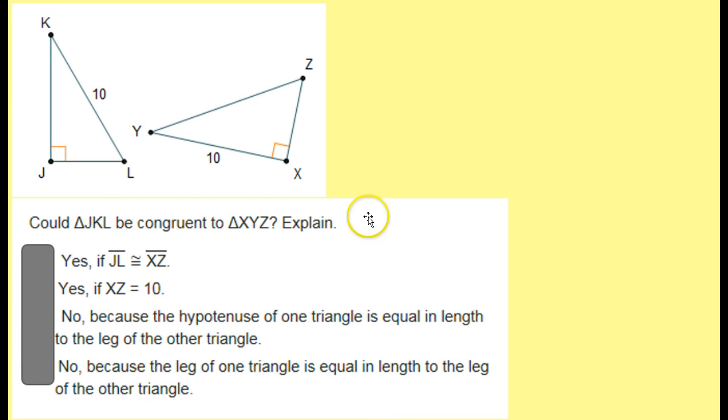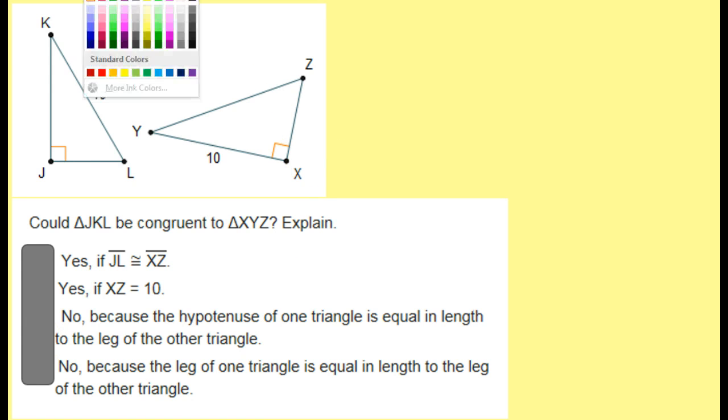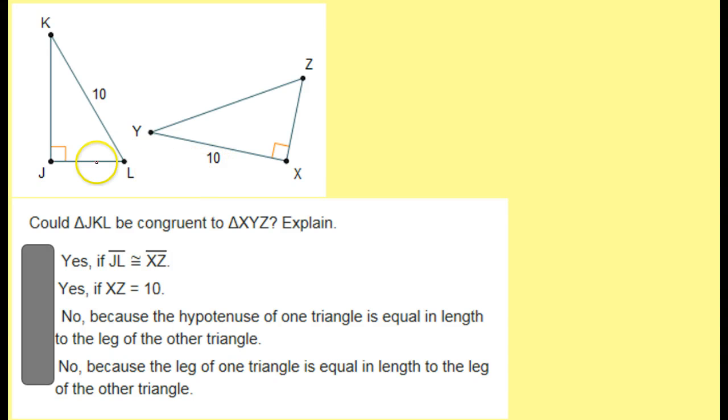Okay, moving on. Could triangle JKL be congruent to triangle XYZ? And we have this information. Let me think for a second. On further consideration, I can say that no, there's no way these two triangles could be congruent.